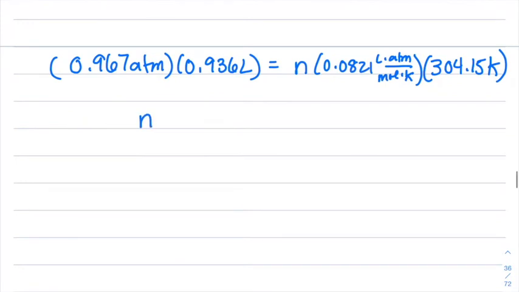All right, so what did y'all get for your moles? All right, so I'm hearing 0.0362 or 0.0363. I'll go ahead and go with 0.0363; it's probably just a rounding difference.